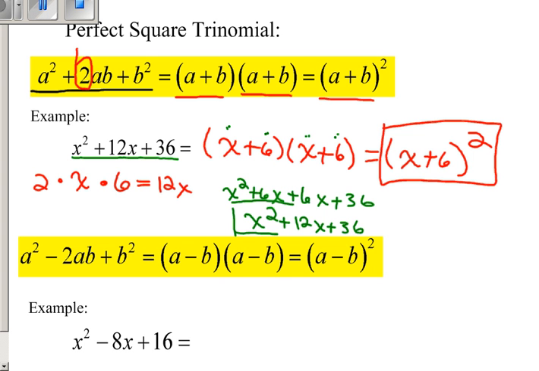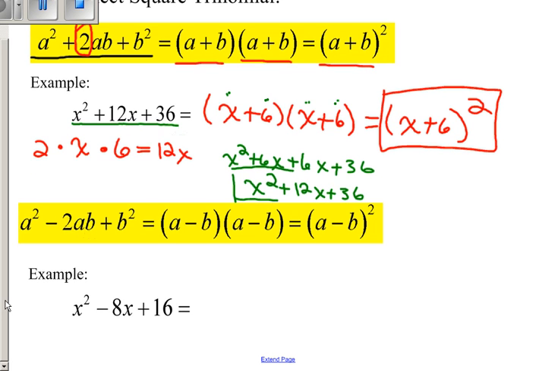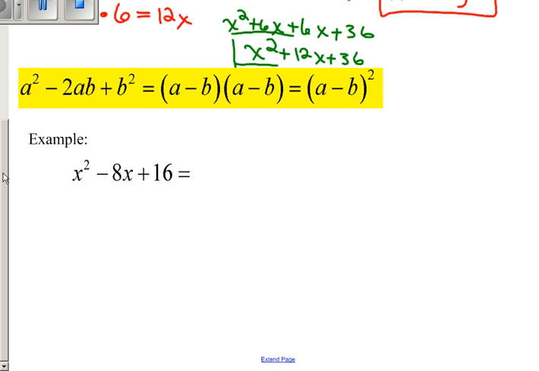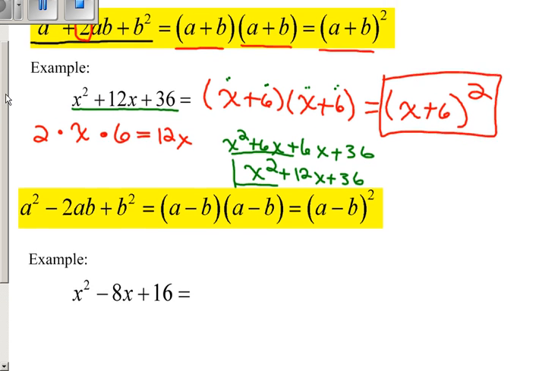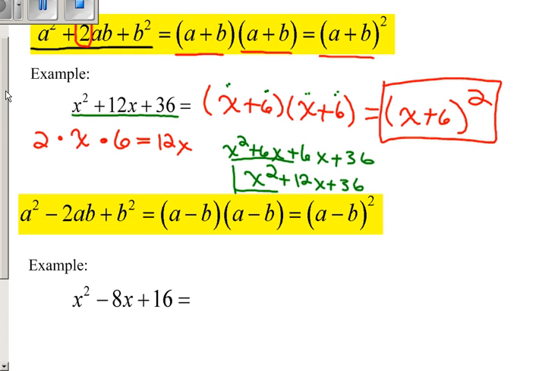So let's go ahead and try the second one. Notice the difference here. There's not much difference between these two problems. The only difference is I have a minus instead of a plus.